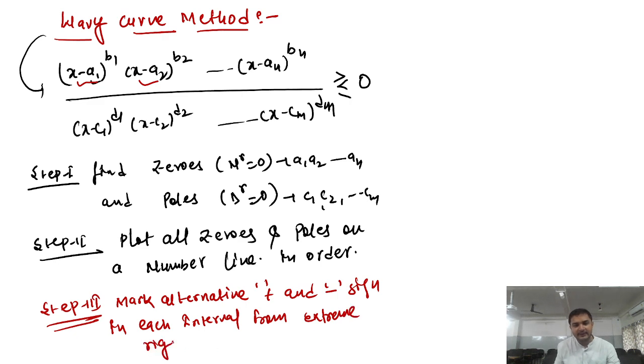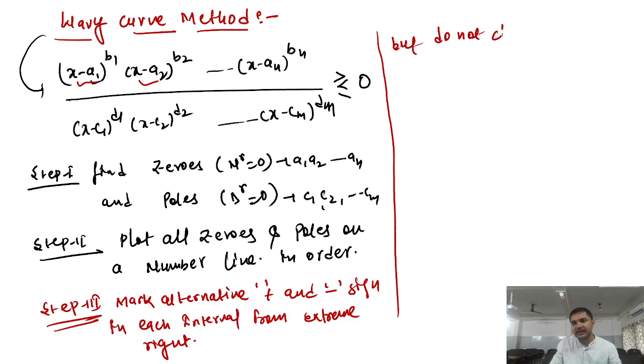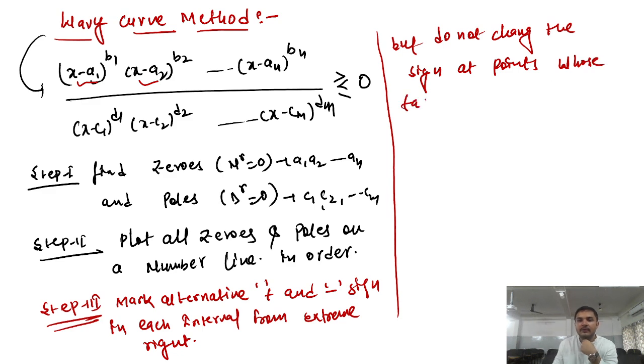But do not change the sign at points whose factor has an even power, or even exponent. I'll explain that later with the question.